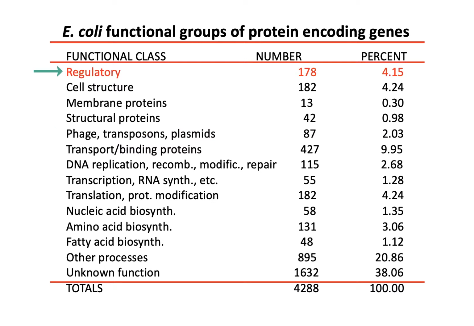4% of the genome consists of regulatory genes and proteins, so these are the ones that are controlling the expression of other genes. And so in something like E. coli, where you have to switch from growing anaerobically to growing aerobically to growing in this environment, in that environment, that's expected.